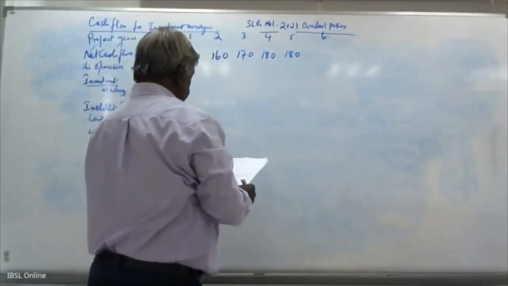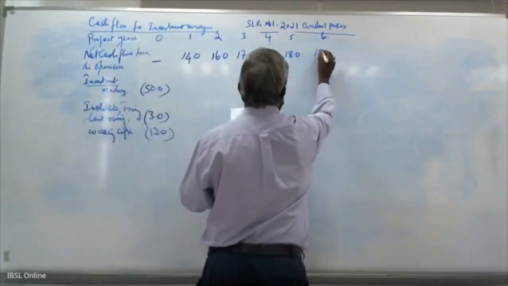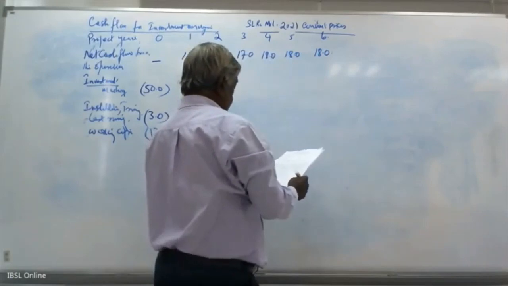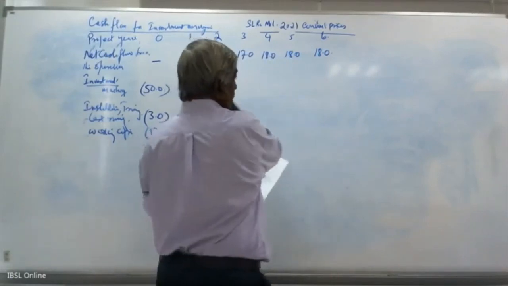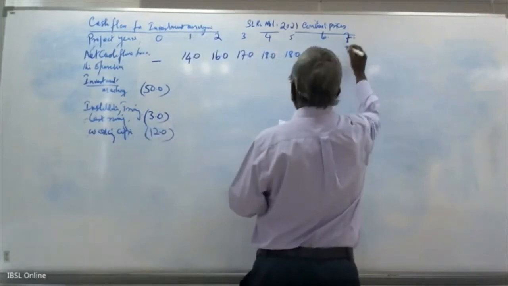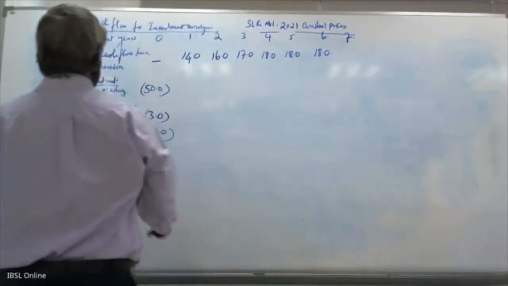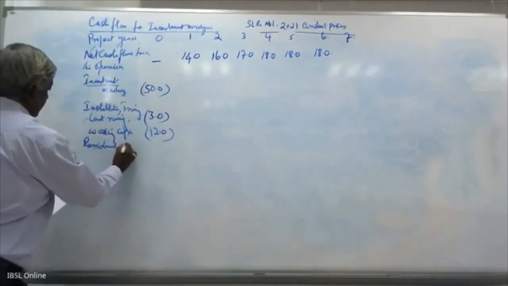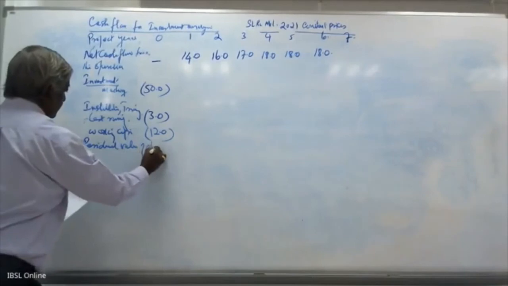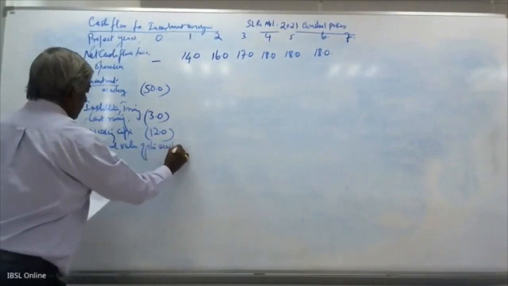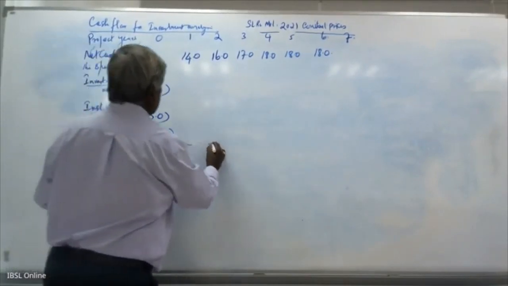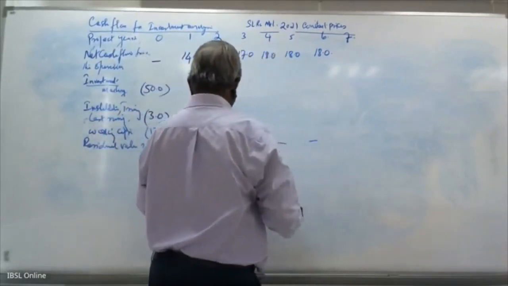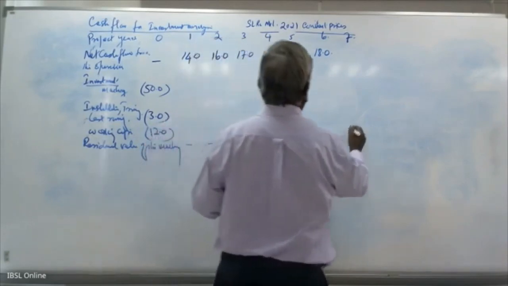Economic production life of plant will be 6 years. So it is 6 years. And we'll have a residual value of 10 million after that. So in the 7th year, the residual value of the machinery, $10 million.